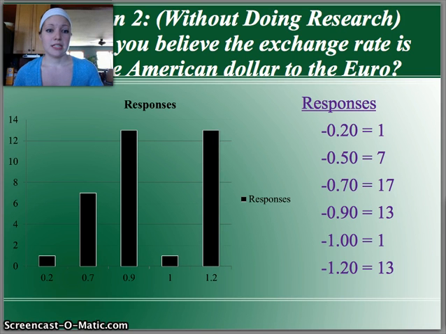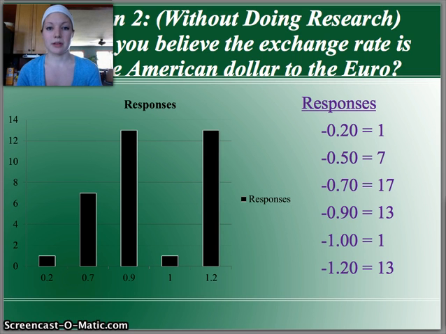Our first question was we just wanted to get a general idea of what people know about the exchange rate in the United States. So we asked people what they thought it was compared to the euro. And most responses were for 0.7, which was correct.